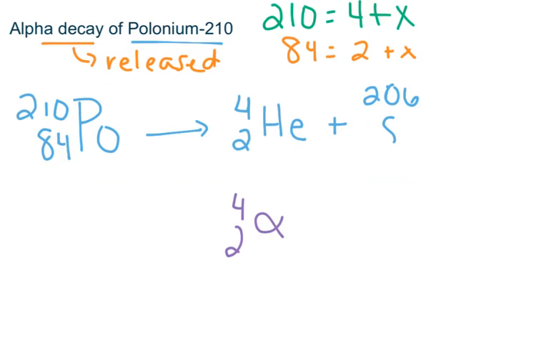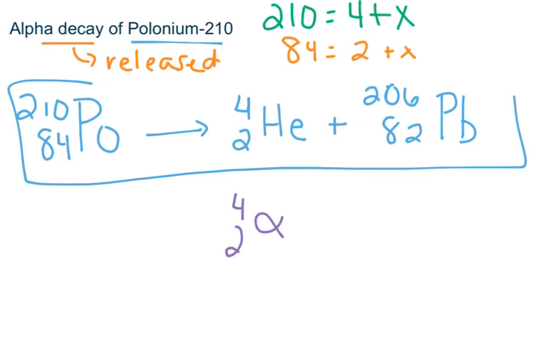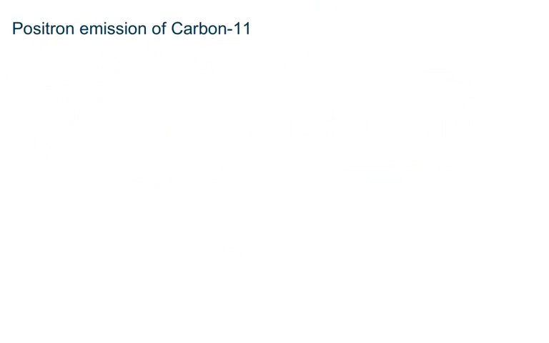Therefore, x is 82. The element that has an atomic number of 82 is lead, which is Pb. And this is an example of alpha decay. Alpha decay is the only type of decay that we're going to talk about that changes the mass number. All the other types just change the atomic number.